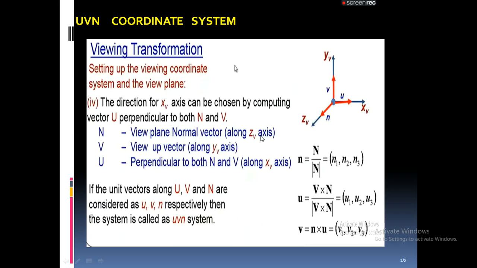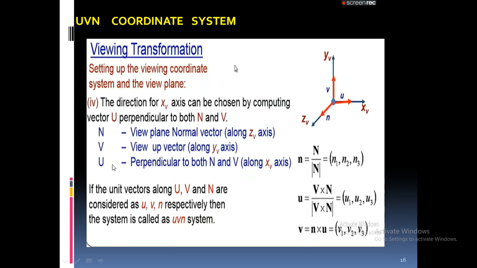Already we learned this, and I am repeating and revising, but it is a new topic. N represents the view plane normal vector, small n or capital N, you can take either. Capital N represents the Z axis. Capital V is called the view up vector of the camera. It represents the upward direction of the camera, that is the Y axis.